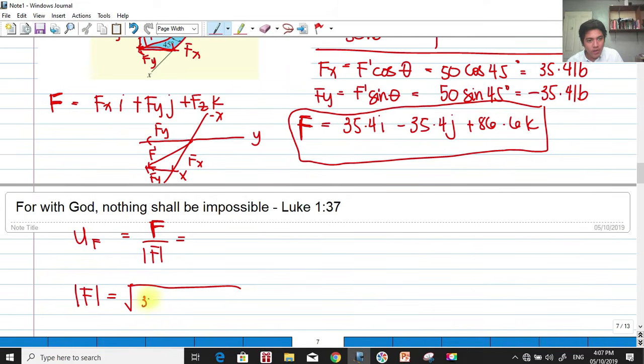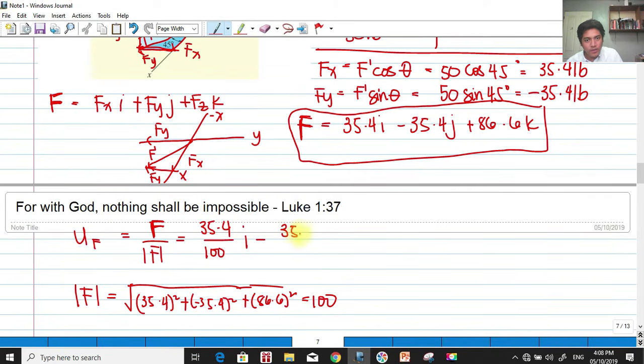To prove to you that our answer is correct, we can get the magnitude. Negative 35.4 squared plus 86.6 squared. That is equivalent to 100. So we have 35.4 over 100 i minus 35.4 over 100 j plus 86.6 over 100 k.